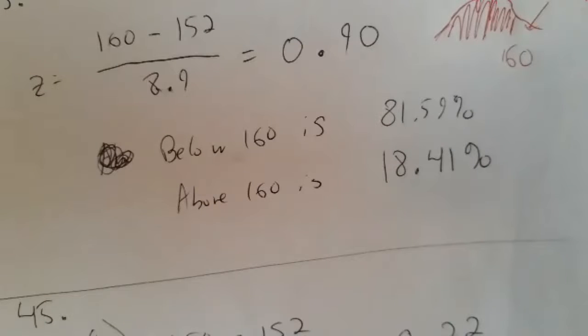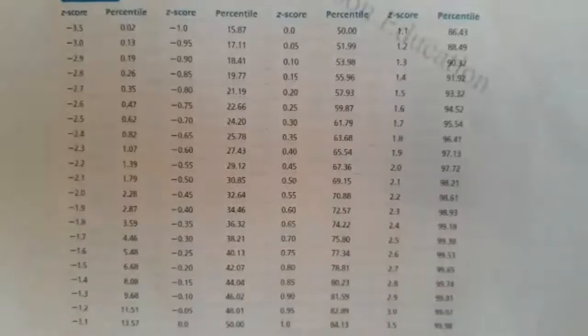Should I flash the table up here? 0.82. So what should that be?